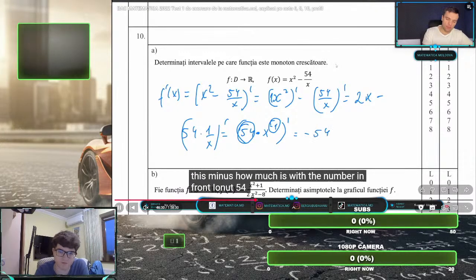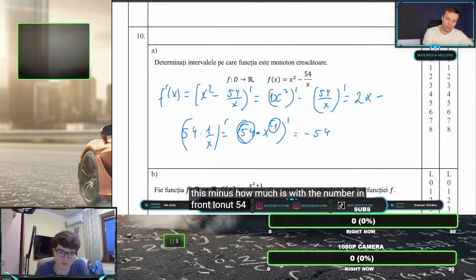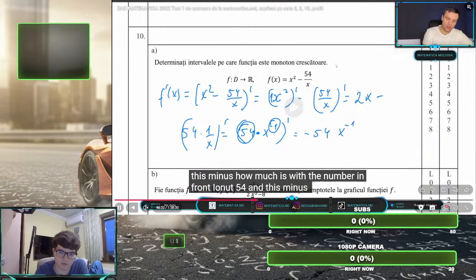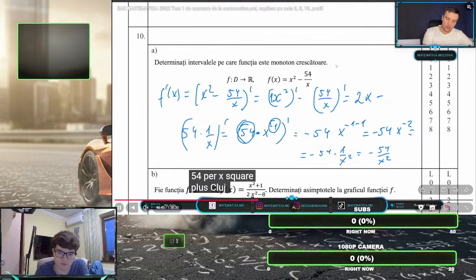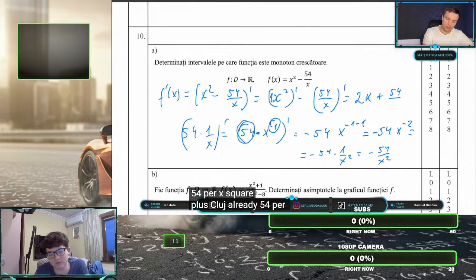Okay, so basically the derivative of this is going to be this. Bro, he took so long. X to the second power, that's going to be the derivative.